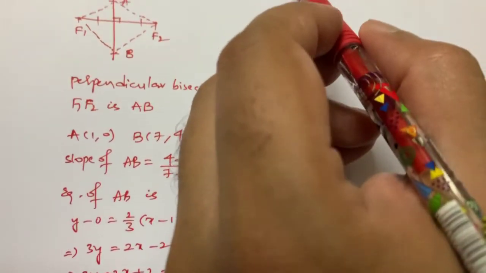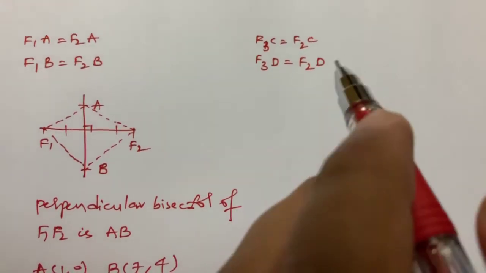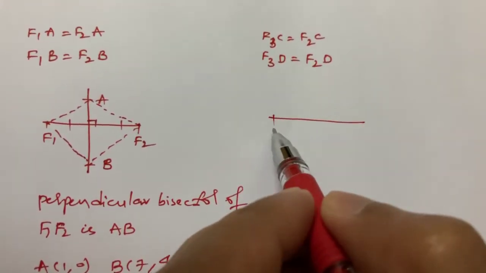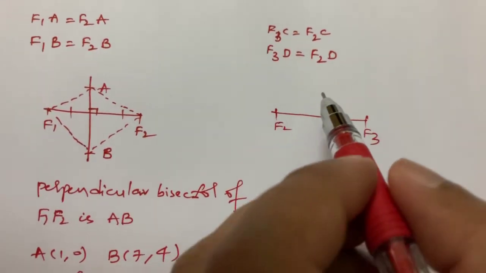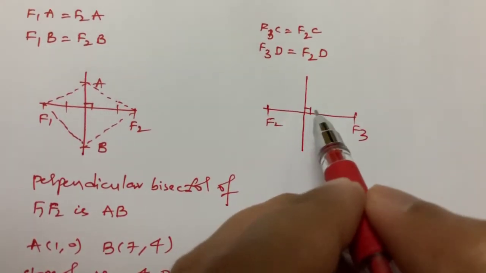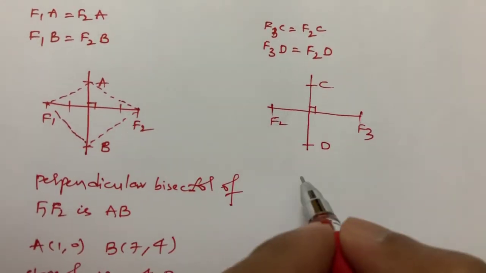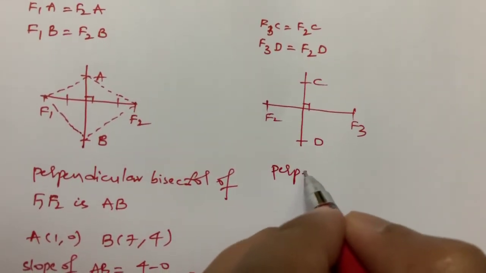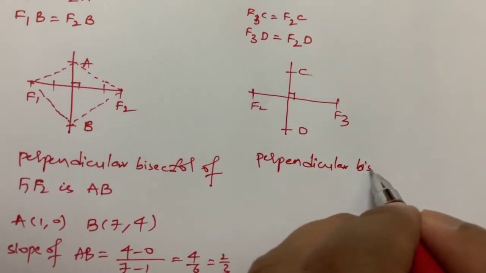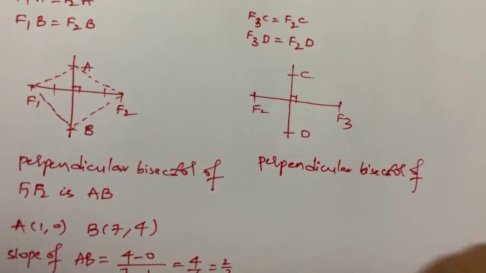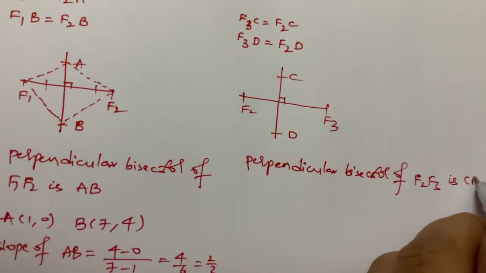So again f3 C is equal to f2 C, f3 D is equal to f2 D. So again if I consider the line joining f2 and f3, the perpendicular bisector of f2 f3 is the line joining C and D. So the perpendicular bisector of f2 f3 is CD.